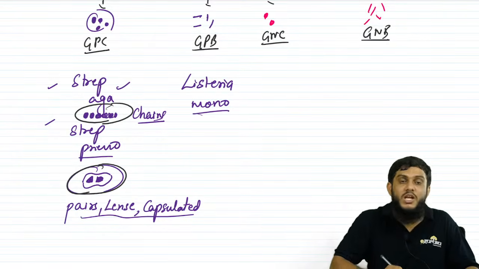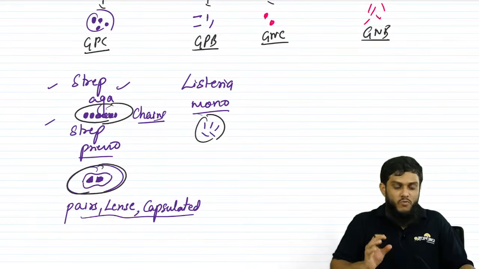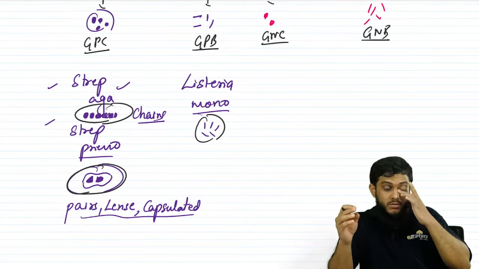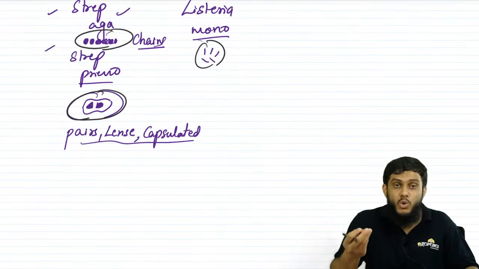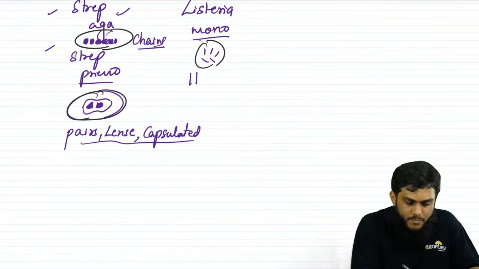When we see Listeria monocytogenes, we won't see any special arrangement. We see just violet color rods. Now to confirm it is Listeria monocytogenes, very simply we can perform hanging drop.